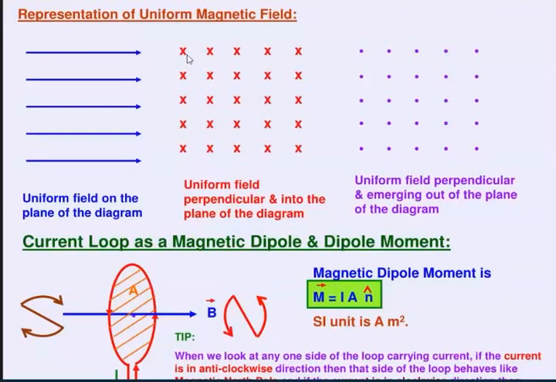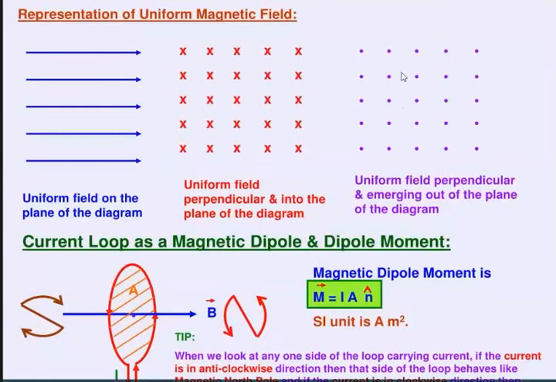But at the equator, it is denoted by parallel lines because at the equator, the magnetic field is parallel to the surface of the earth. Now, on the other hand, at the south pole, the geographic south pole actually acts as a magnetic north pole. So from that place, magnetic field lines will come out of the surface of the earth and are perpendicular. So it is denoted by a dot.